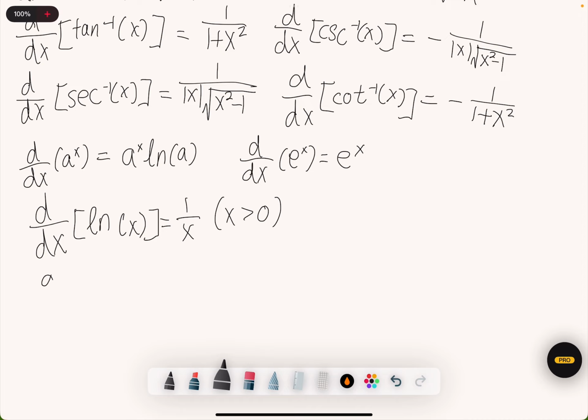And we also have the derivative of the natural log of the absolute value of x, and that is 1 over x, and this is for when x is not equal to 0.